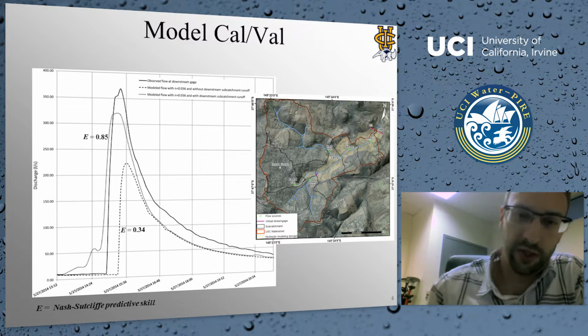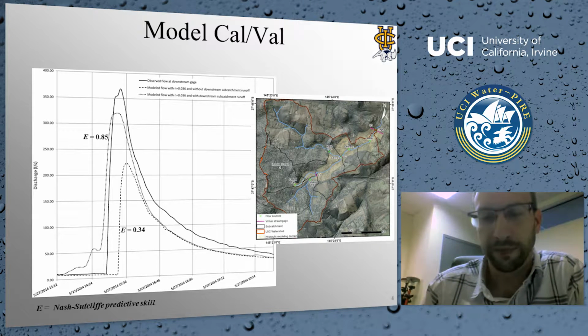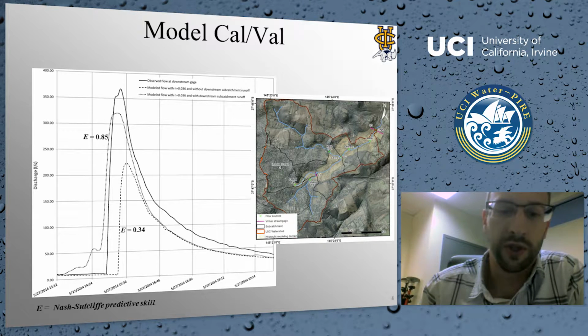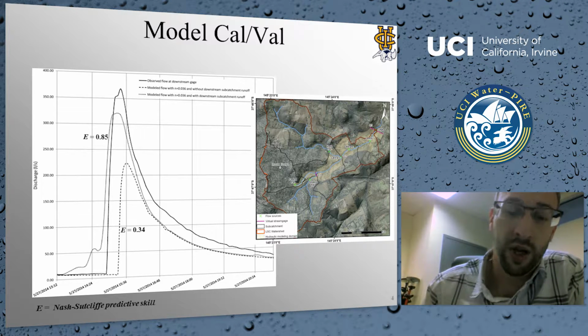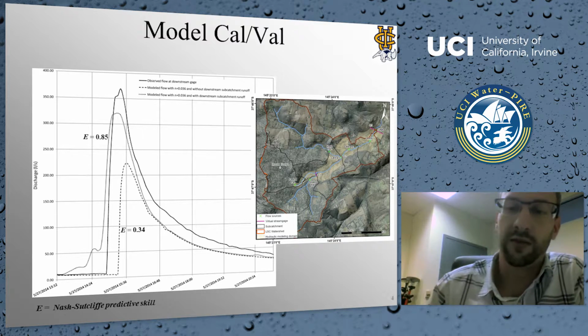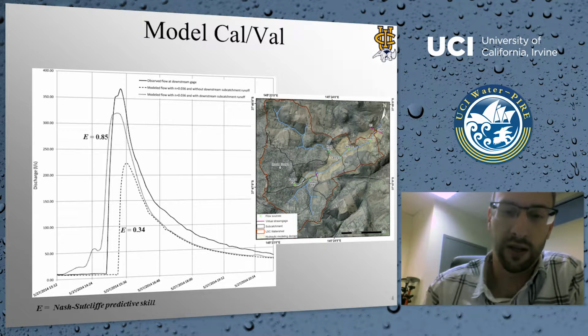So we went through a calibration process, and the initial step was to try running the model with different Manning's n values. Our initial attempt used a Manning's n value for the stream bed of 0.036, which we figured was a reasonable value for a vegetated channel. We tried Manning's n values from 0.02 all the way up to 0.1, and we found that the model was totally insensitive to changing the Manning's n values for the bed.